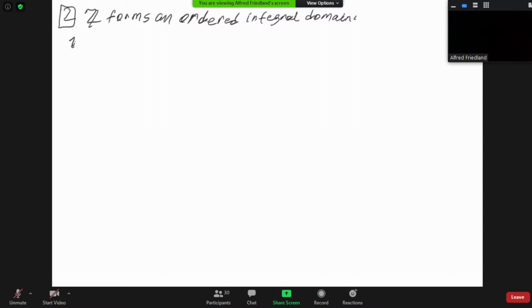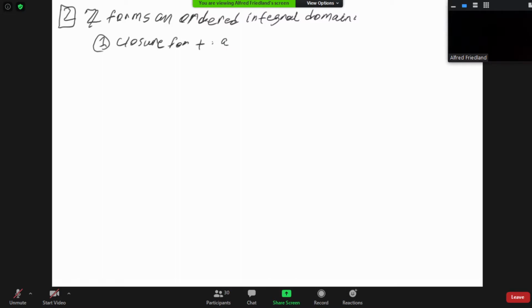Let me leave a little room on the left. You'll see why. Okay, so property 1, closure for addition.